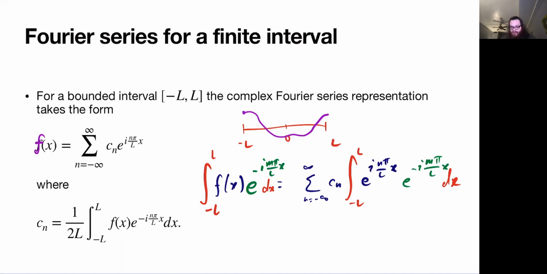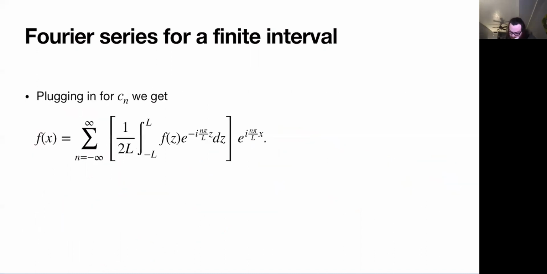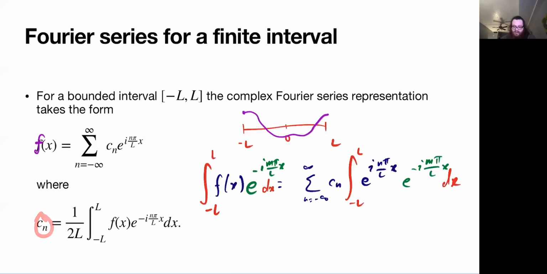Okay, so what do we get if we plug this into that series representation? We get this representation. Keep in mind that this integral in here, going back to c sub n, integrates out the entire function f of x with respect to x.